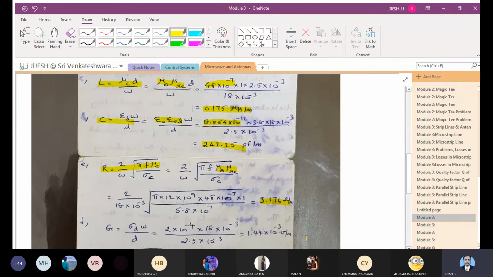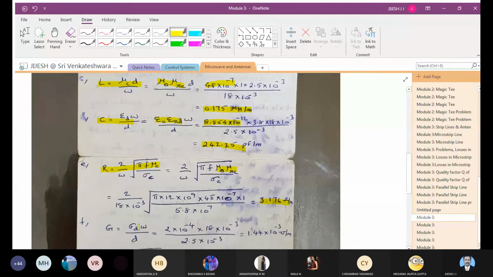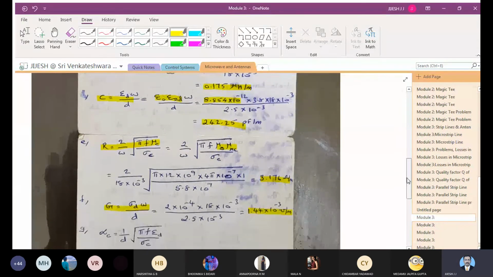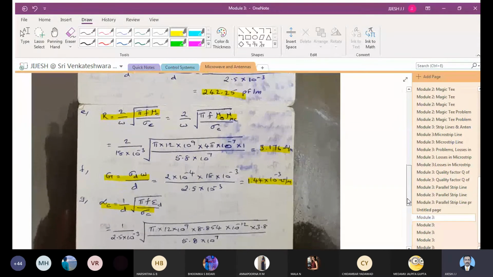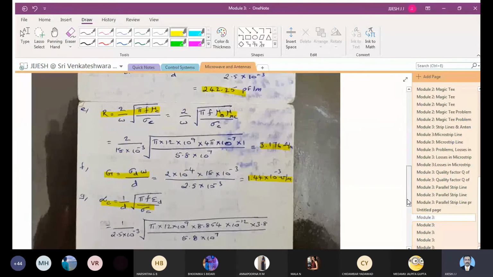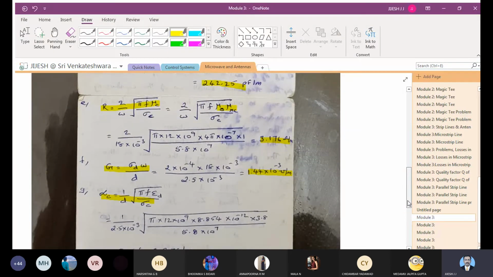And after that you need to do alpha C. You can substitute the values for alpha C and you can simplify it.